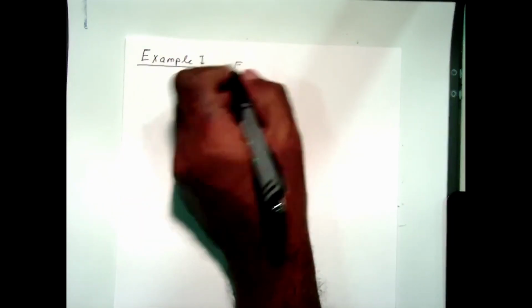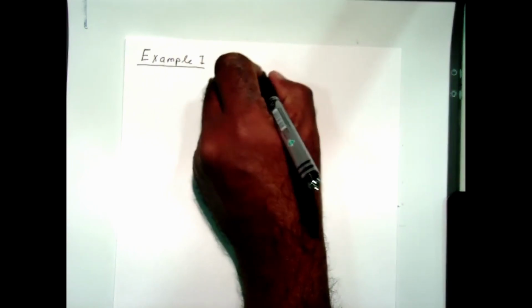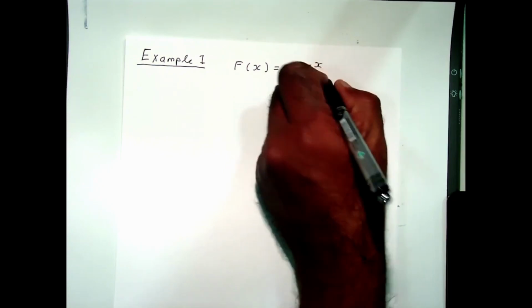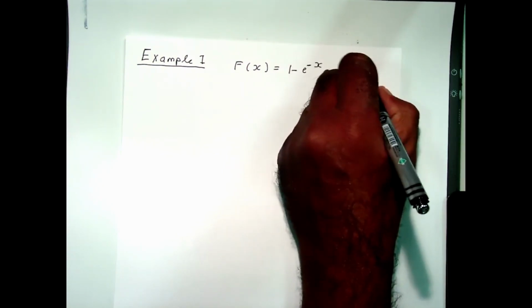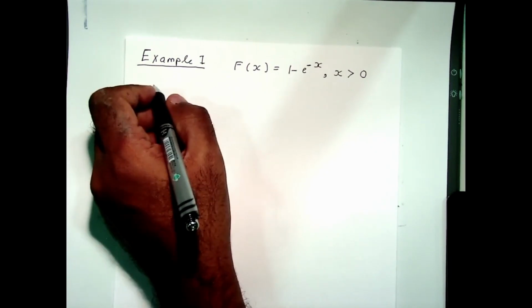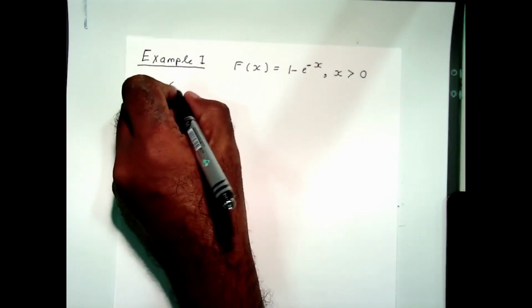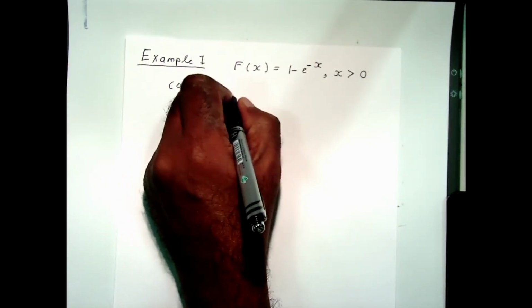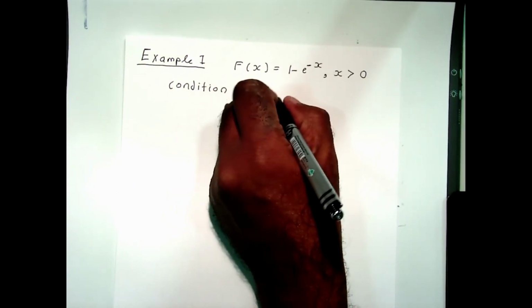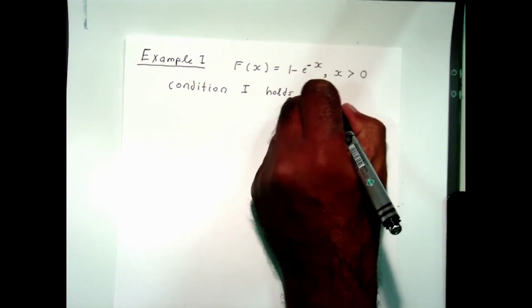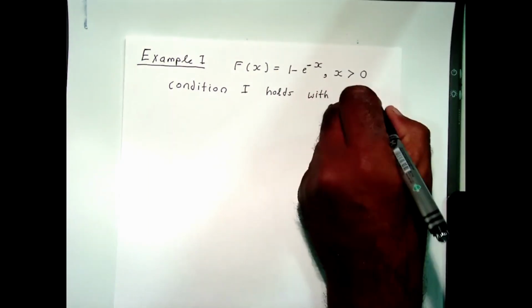So here you may recall this example. This is where f of x is equal to this, and we knew from the various examples we did previously that for this example, condition 1 holds with gamma t equal to 1.